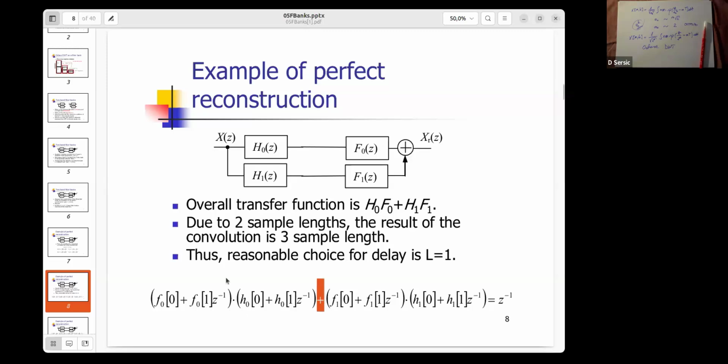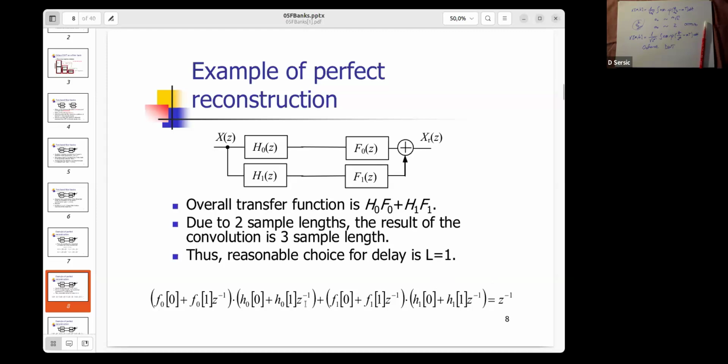To have the perfect reconstruction, the overall transfer function must be a pure delay, which means a pure shift by 1, or it can be 0, or 2 samples if we have such short filters. But it is reasonable to choose that the delay is 1, exactly in the middle. A 0 delay is probably not realizable.